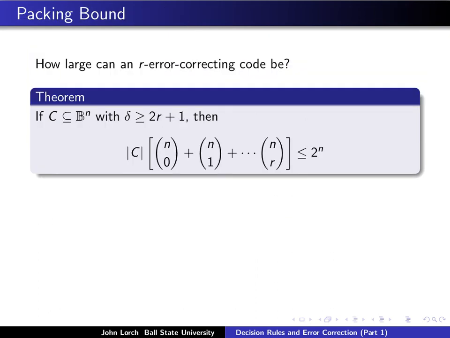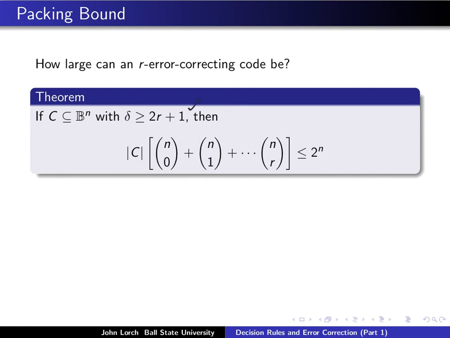So in the previous slide, at the very end, we were talking about the idea of producing error correcting codes as large as possible. So how large can they possibly be? This theorem gives us an upper bound on how large they can be. Let's suppose we have an r error correcting code.